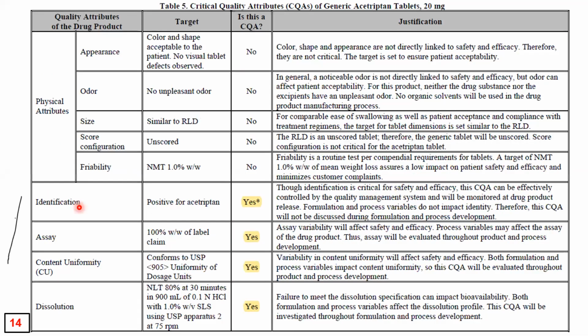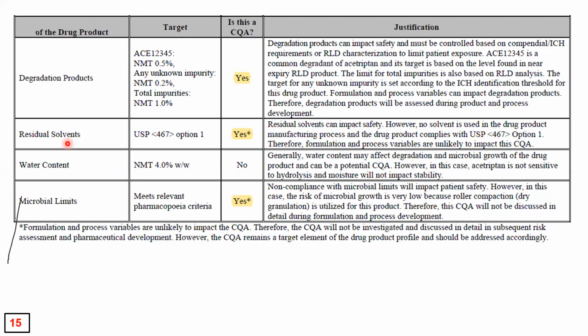But without further identifying the material attributes and process parameters for these critical quality attributes, is there any chance by which we can stop at the initial stage? For three of them there are options: one is identification, another is residual solvents, and another is microbial limits. I'll tell you how. Let us say identification.